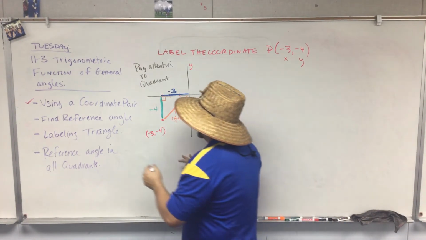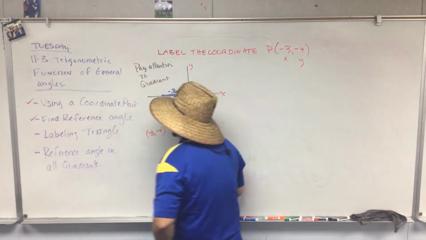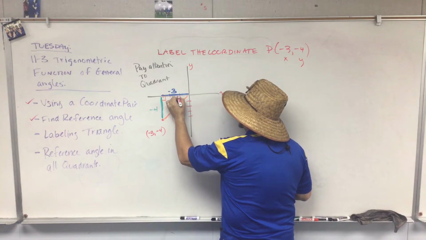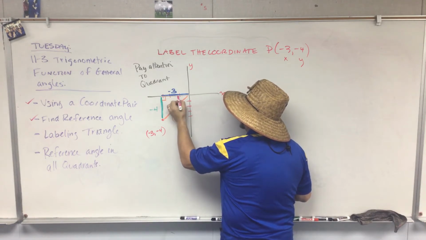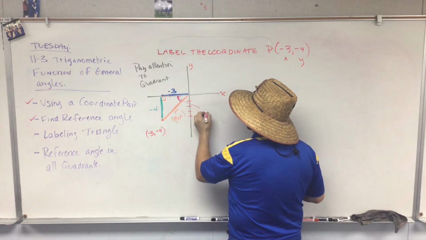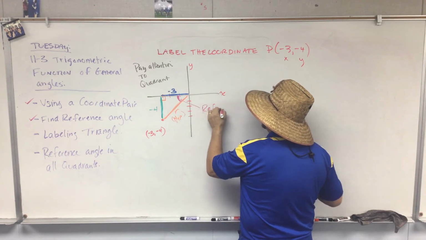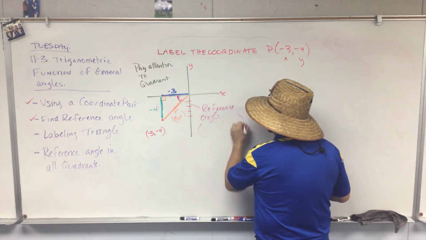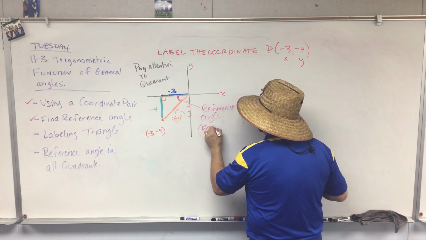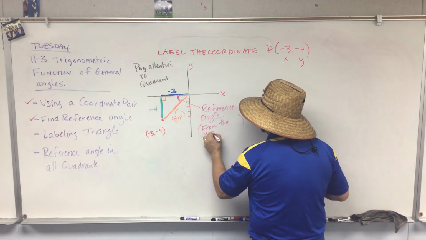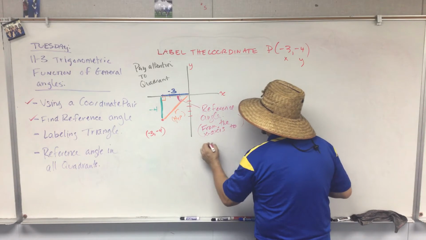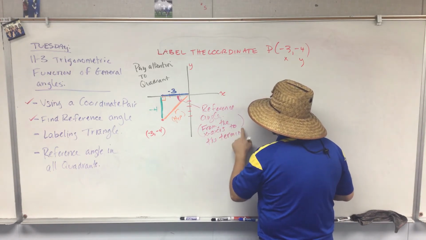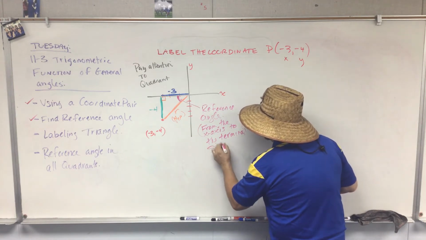So now, where's my reference angle at? Well, our reference angles are always from the x-axis. So this is my reference angle right there. That's always the reference angle, and that's always from the x-axis to the terminal side.